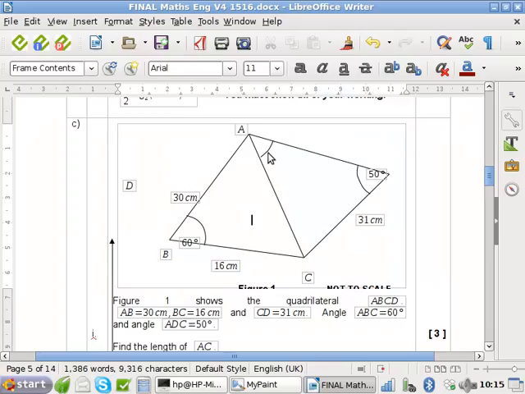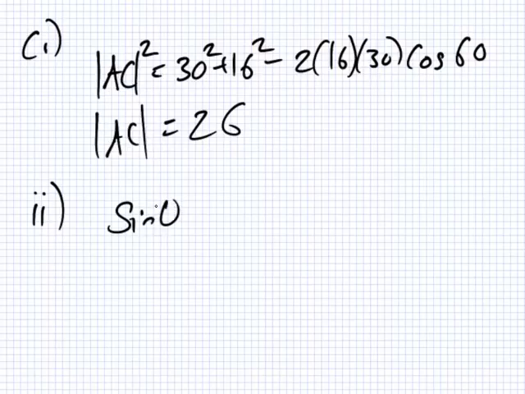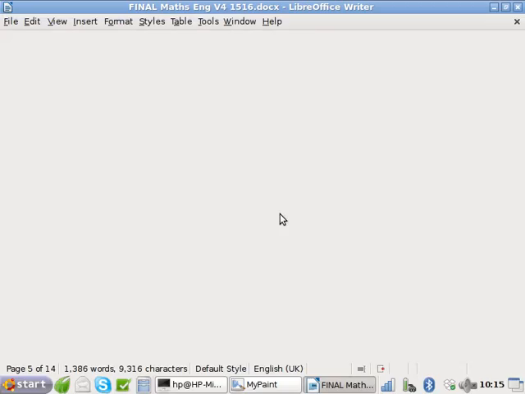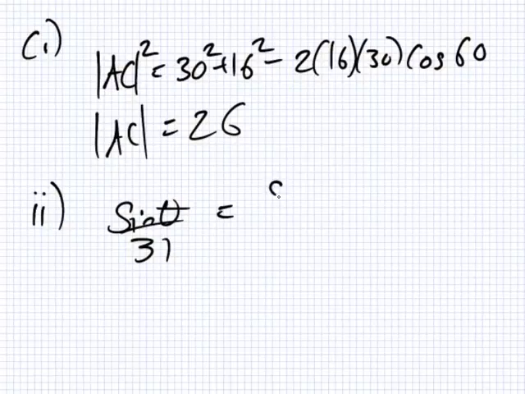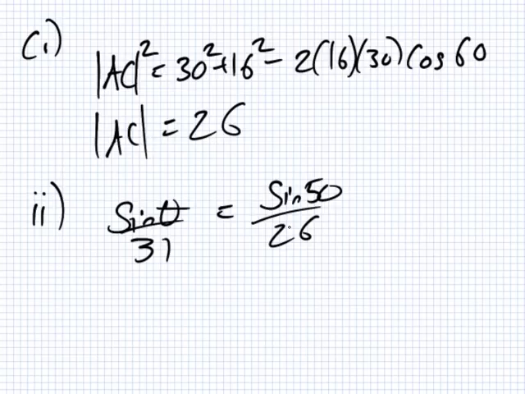So sine theta over 31 equals sine 50 over 26. Theta equals 65.97, so theta equals 66 degrees.